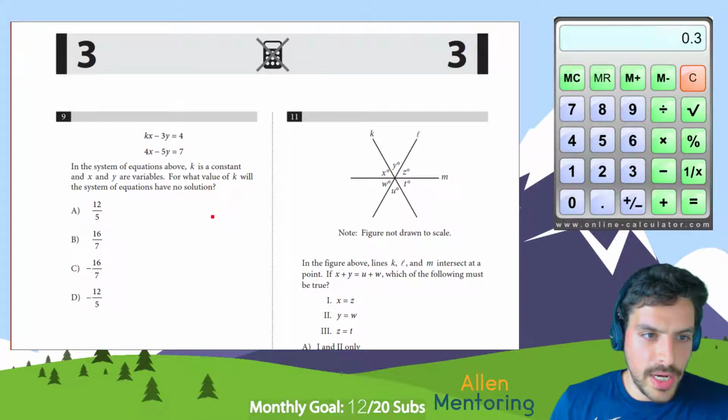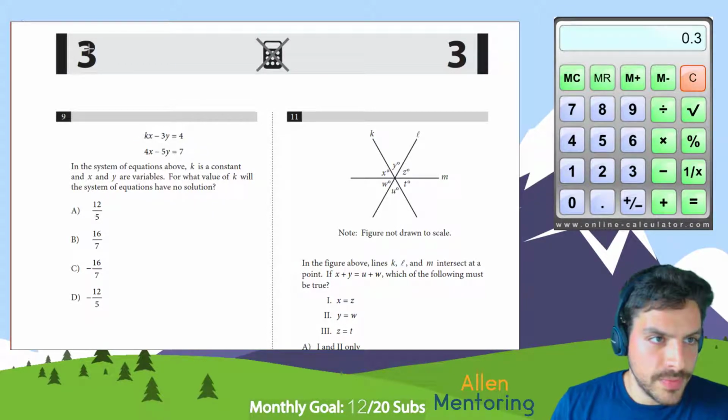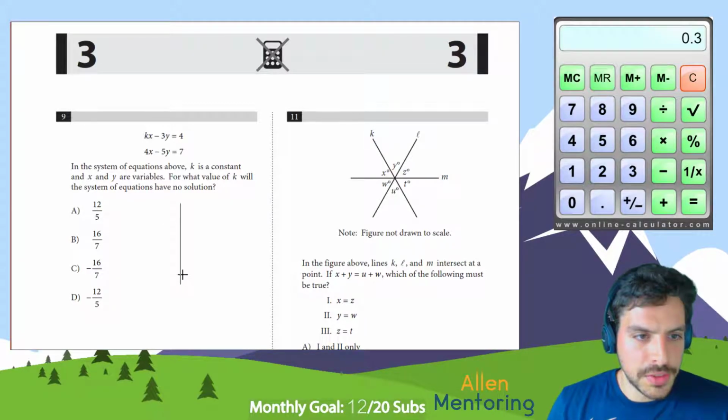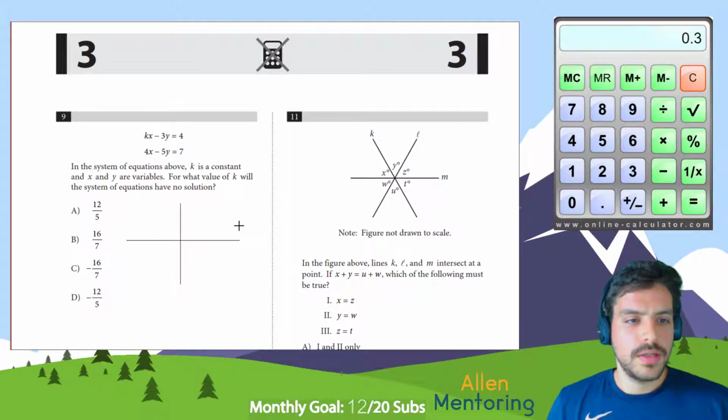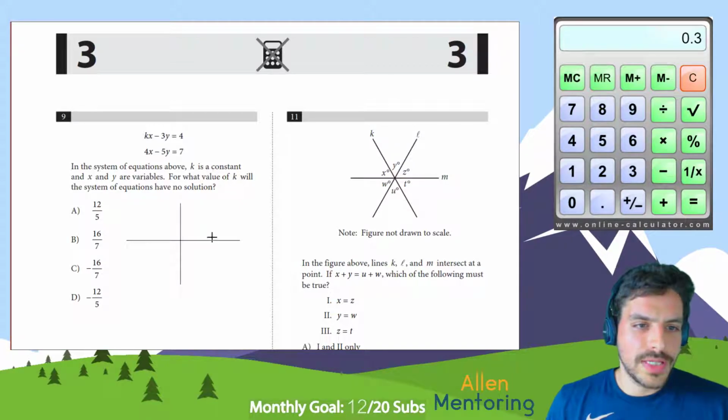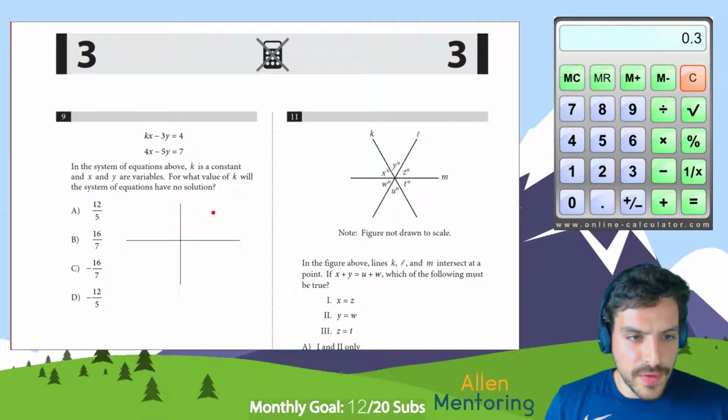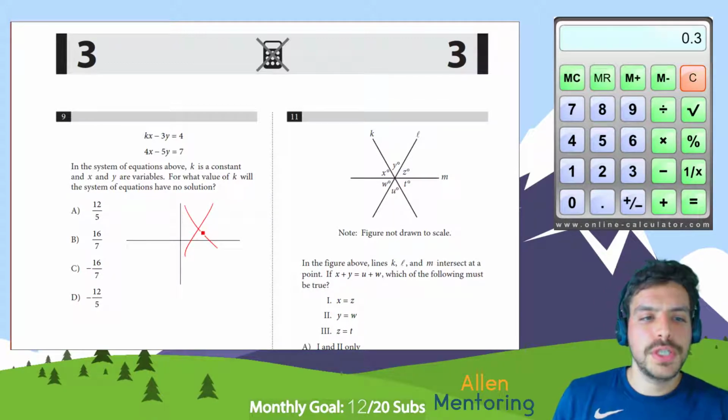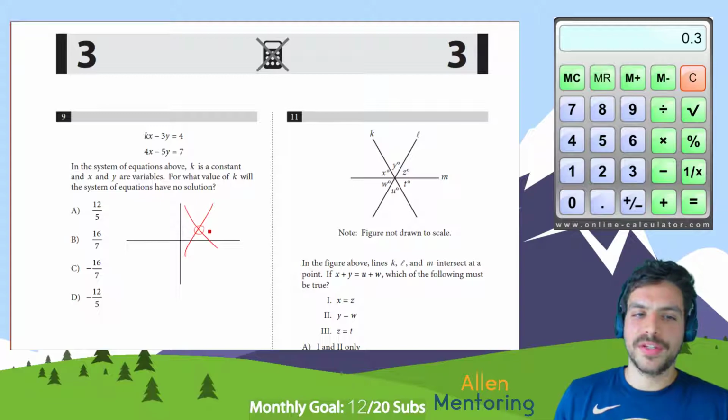Right, because if you draw any two lines, let's say we have a graph as such. How do you get two lines that have no solution? All right, so if you have any two lines, like one like this and one like this, clearly the solution to these two lines is right where they intersect.